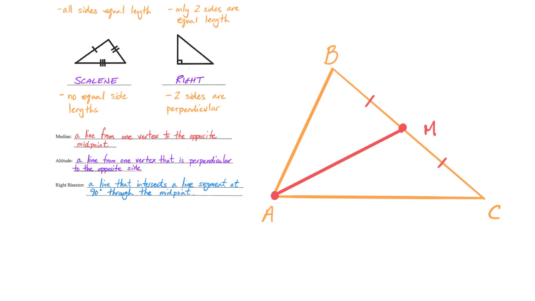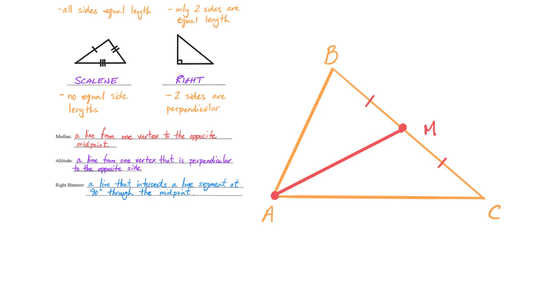Okay, let's do the same thing with our altitude. I'm going to match my color, so I'm going to draw it in purple. An altitude is defined as a line from one vertex that is perpendicular to the opposite side.